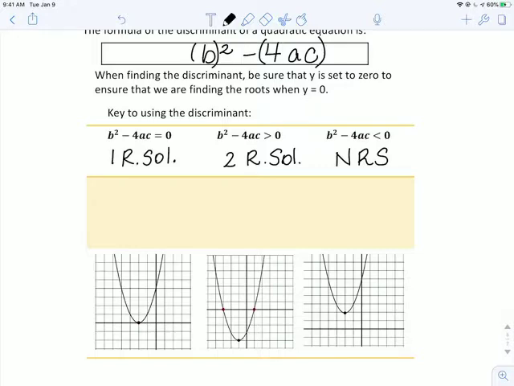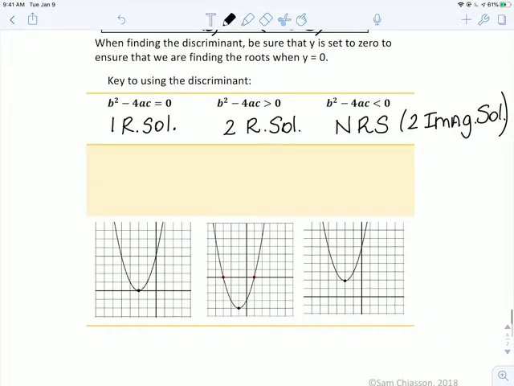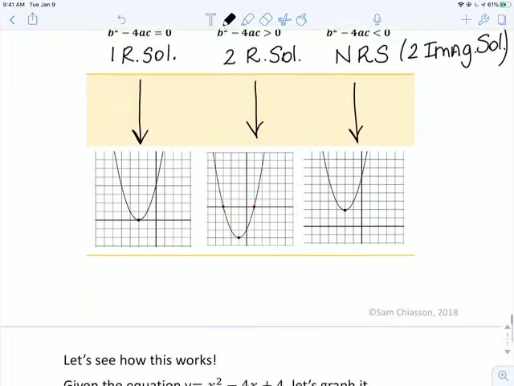And remember, another way of stating that is you have two imaginary solutions. And so we've got pictures here showing one real solution, two real solutions, and no real solutions.